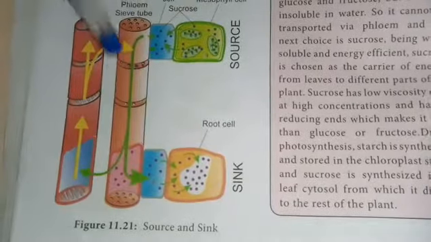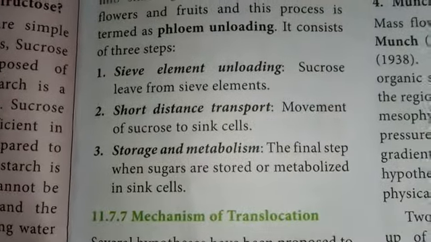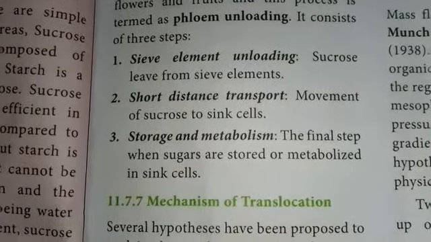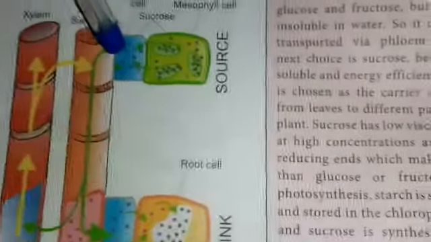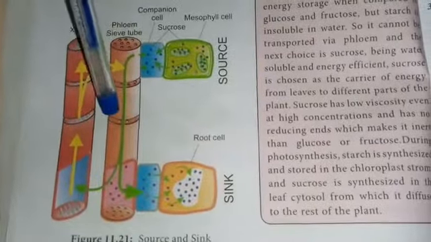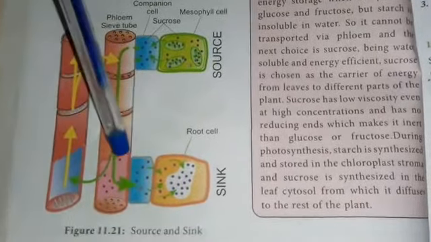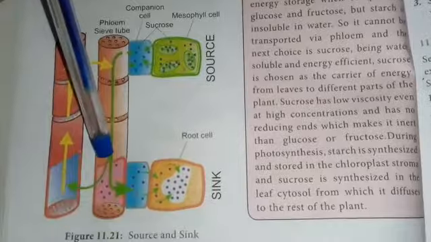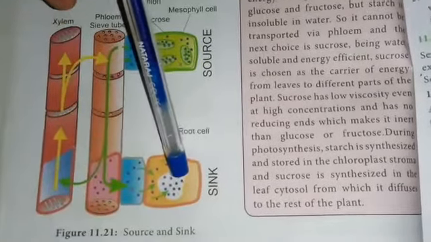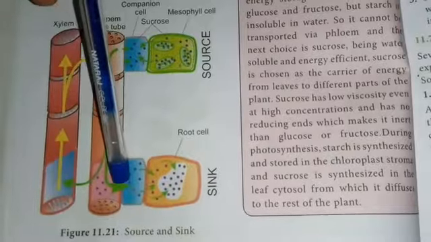In the first step, sucrose leaves the sieve elements. In short distance transport, the movement of sucrose from the sieve tube to the sink, that is the needed area, is called short distance transportation.